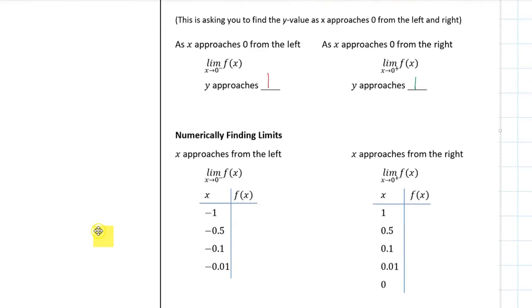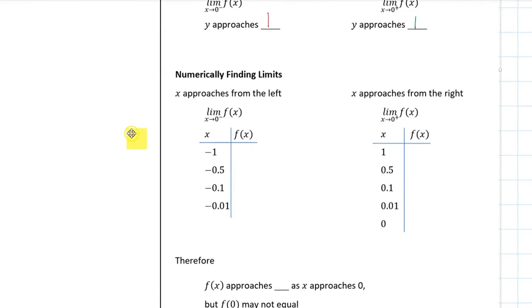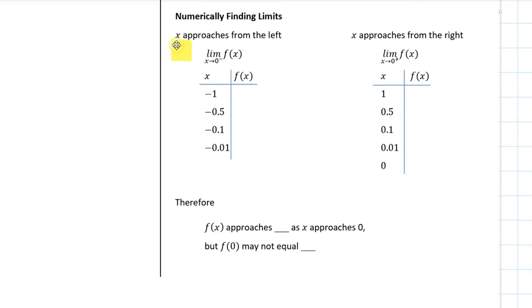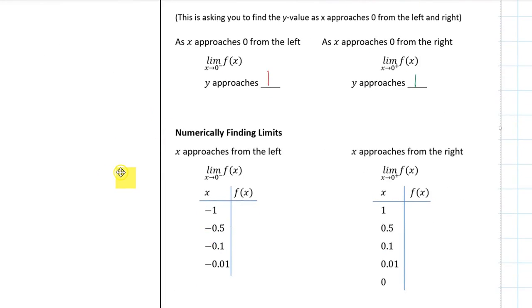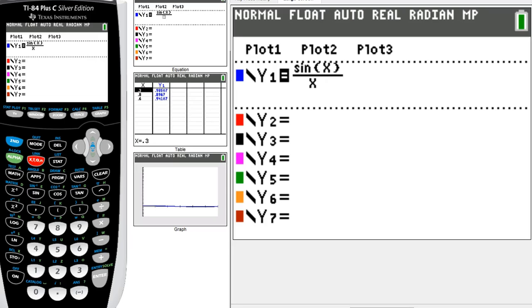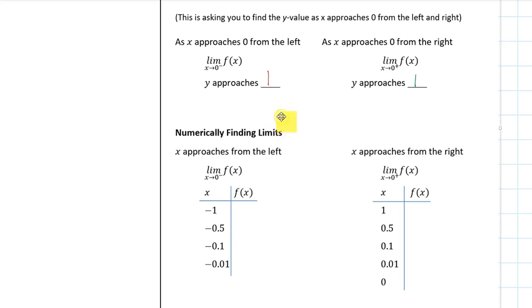Okay. We could also do this using a calculator, doing some numerical limits, so I'm going to do that in my calculator. I'm going to go ahead and graph our function from above here. Remember, it was sine x over x. So I've got my calculator, I went to my y equals, and I punched in my equation right here. Now I want to take a look at some of these values.